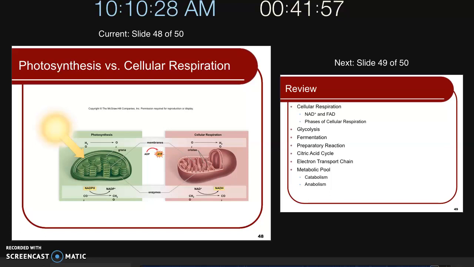Photosynthesis and cell respiration. We started this lecture looking at how they balance each other out. We have the sun producing energy that's captured through photosynthesis and stored in the glucose molecule. That glucose molecule then goes into producing ATP for all the organisms on the planet. So for all the cellular work, this has to happen.